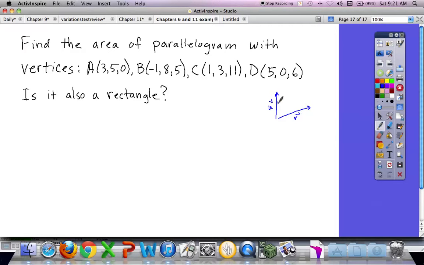If you repeated this U on the other side, and you repeated the V on the top, that would be a parallelogram. So what we're trying to find out is, I'm already going to say that you know it's a parallelogram with these vertices, then let's find the area.